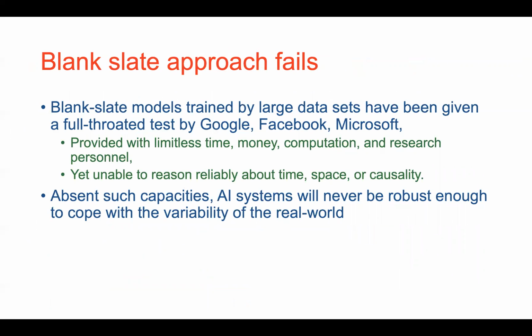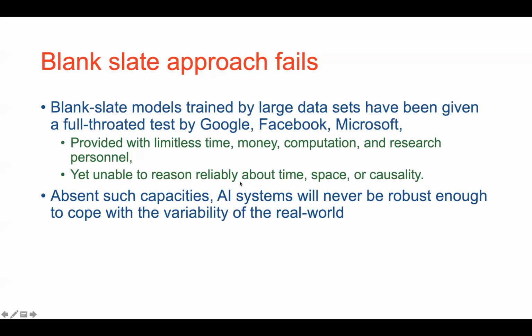So we're saying the blank slate approach fails. Blank slate approach is a neural network that knows nothing. Blank slate models trained by large data sets have been given a full-throated test by Google, Facebook, Microsoft. They don't have any problem with the resources provided, with limitless amount of time, money, computation, and research personnel.